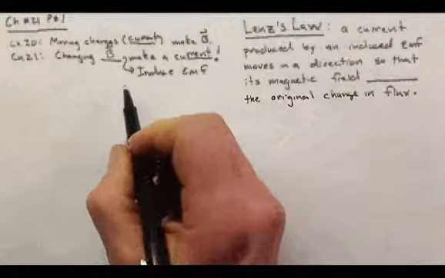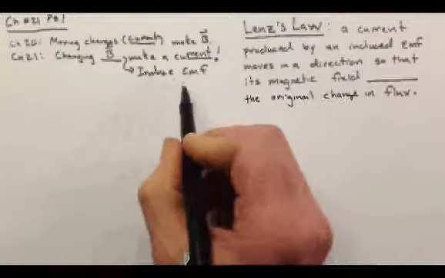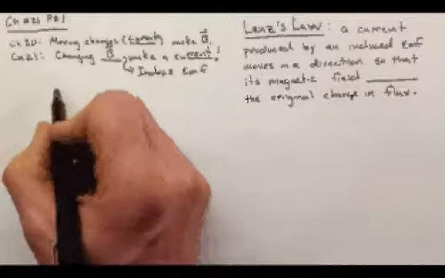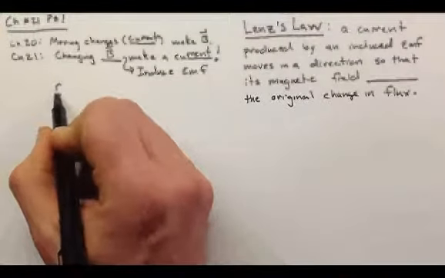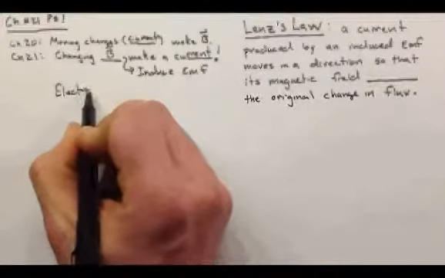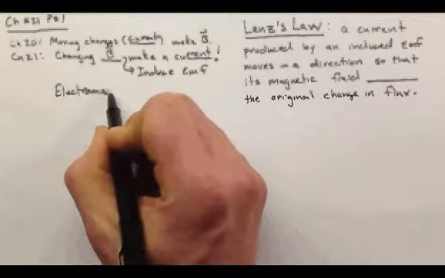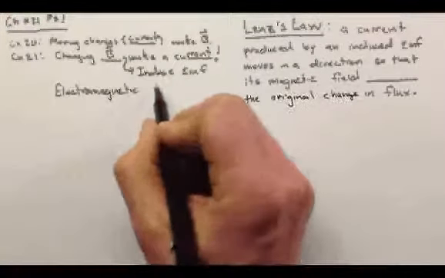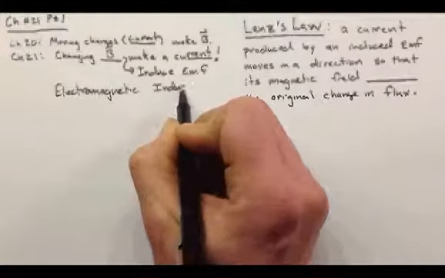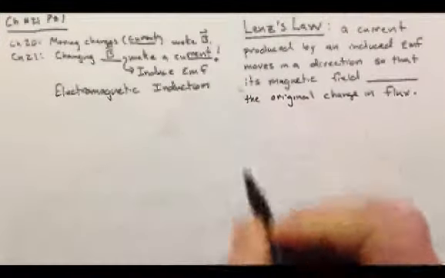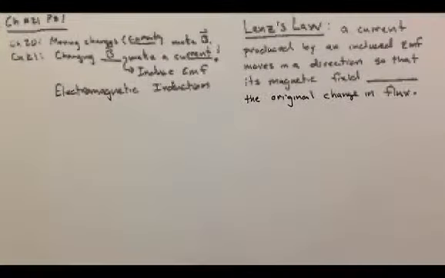And when a changing magnetic field induces an EMF, we call this process electromagnetic induction. Okay? And we're going to be studying Faraday's law of induction, which basically describes how electromagnetic induction occurs.